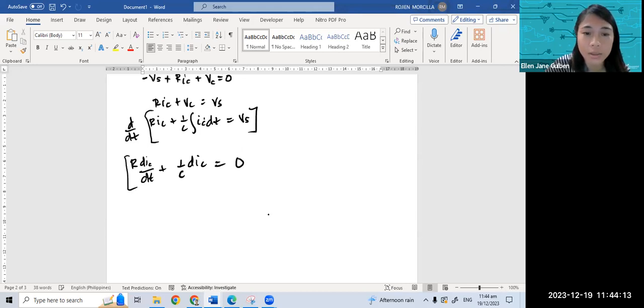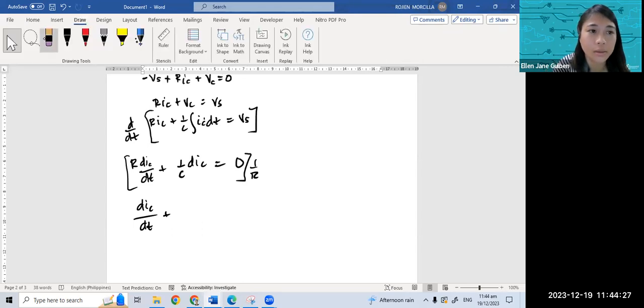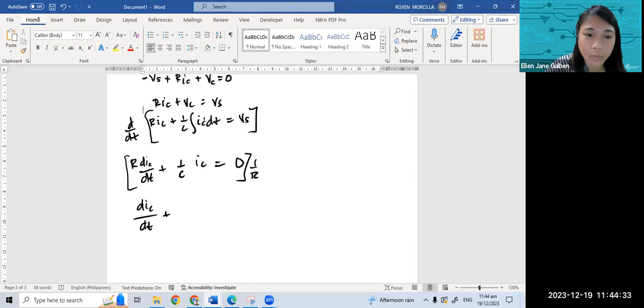So, next, simplify, multiply 1 over R: dIC/dt plus IC over RC equal to 0.